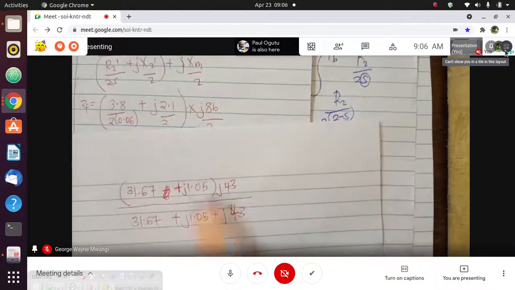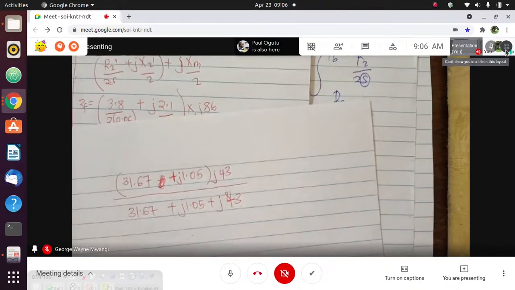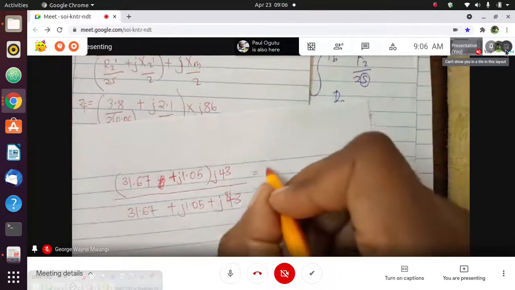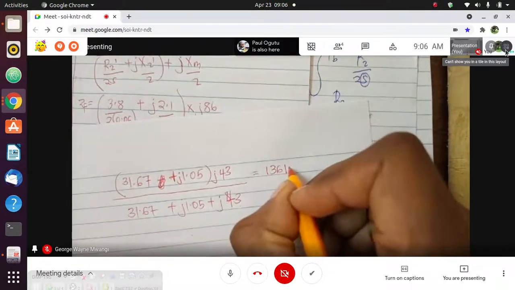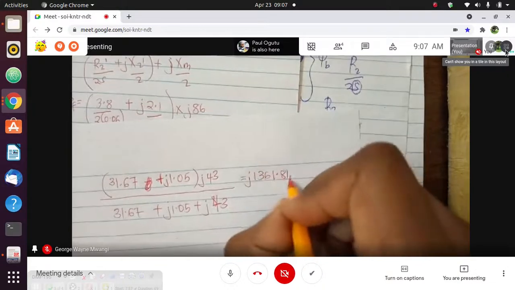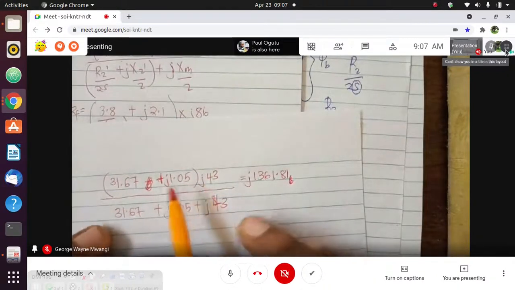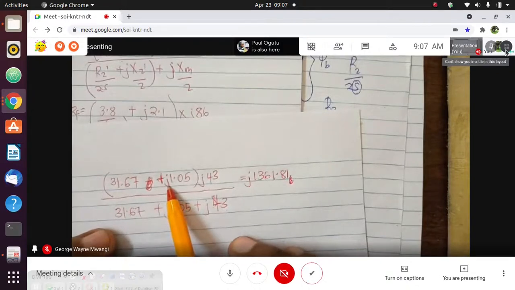j 43 times 31.67, how much do you get? 43 times 31.67 is 1361.81 j. Now j being a complex number, when you multiply j times j you get minus 1.